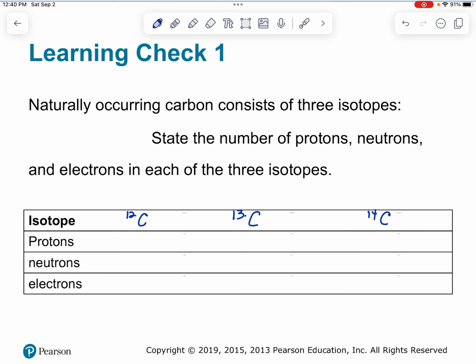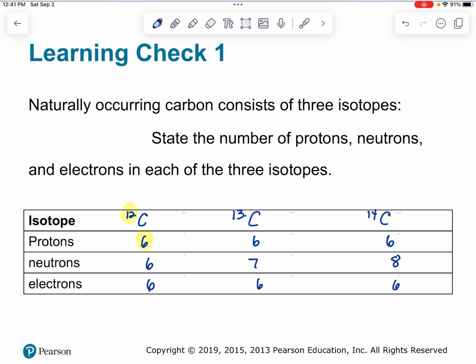Well, we know that because it's carbon, its atomic number is 6, and so the number of protons for all is 6. The number of neutrons is going to be the mass number minus the atomic number. So the neutrons are 6, 7, and 8. And in all cases, the number of electrons is going to be equal to the number of protons.